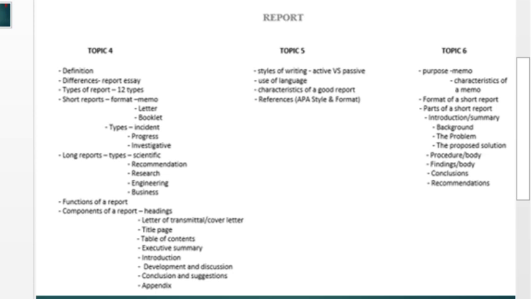Okay, and then after that will be the development and discussion, where you write down the remaining works, the works that will be completed or will be done, or the completed works or job tasks completed. And then moving on would be the conclusion and suggestions.